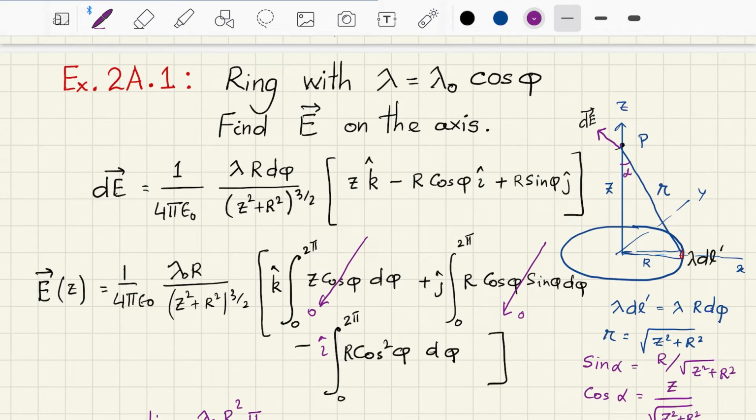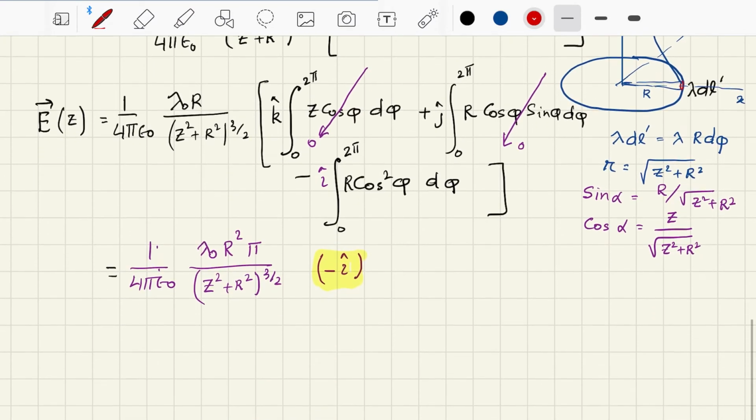So what survives after integration is really only the i component. This is important, only the i. Which means the net field is pointing in the minus i direction.